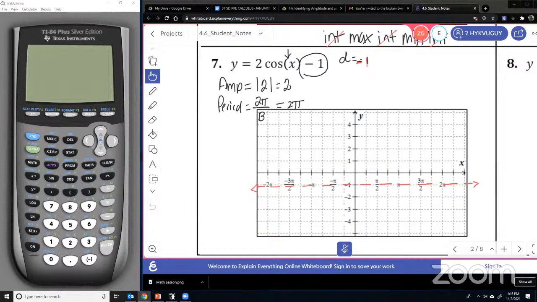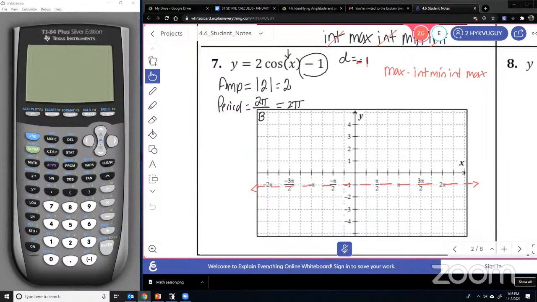So remember, cosine is max, intercept, min, intercept, max. So max, what's the max? So at zero, how many spaces do I have to go up?